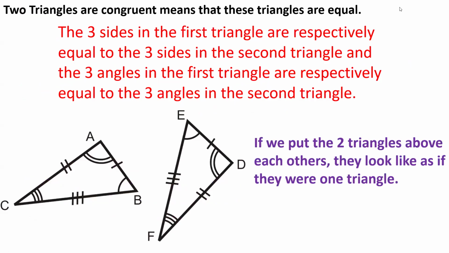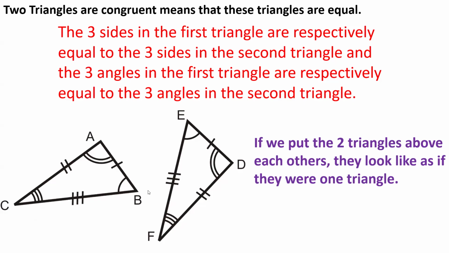But before I start, let me move quickly to what I did with your friends. I reminded them, when do we say about two triangles they are congruent? This means that these two triangles are equal to each other's. You know that in a triangle we have three sides and we have three angles. So if you have triangle ABC and triangle EDF, as you can see from the marks, side AB is equal to side ED, side DF is equal to side AC, side BC is equal to side EF.